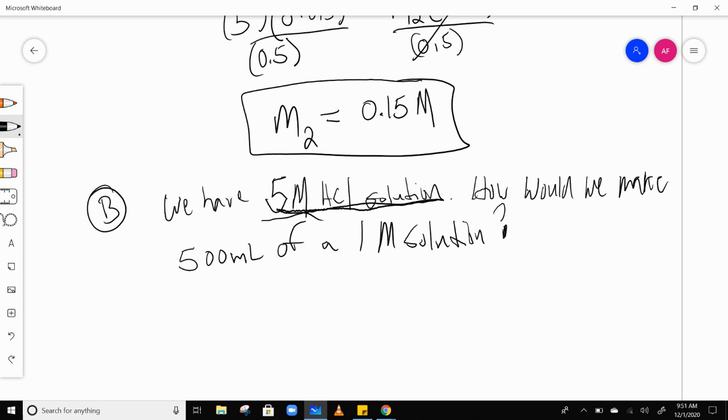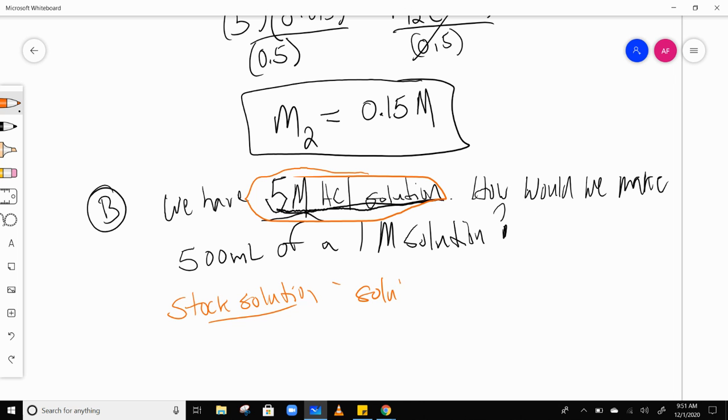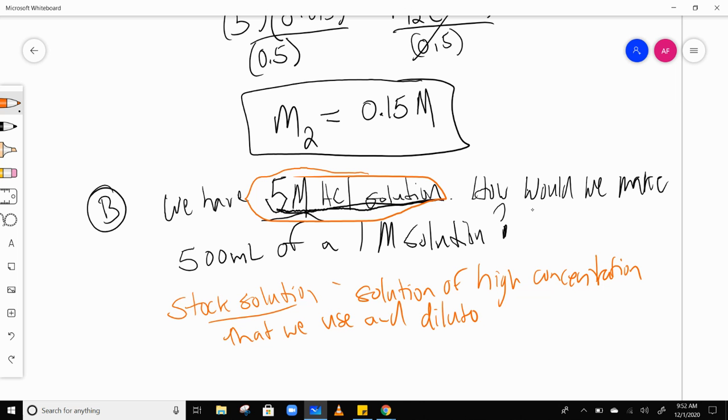This highly concentrated solution, we call a stock solution. A stock solution is a solution of high concentration that we use and dilute to make lower concentration solutions.